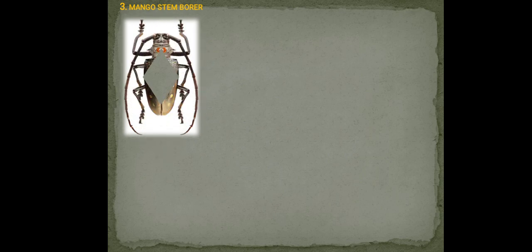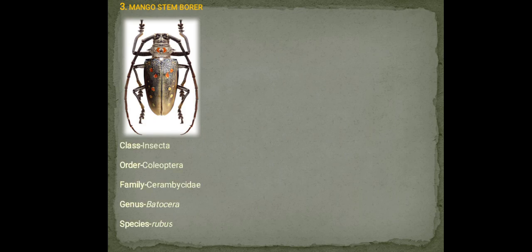Then the third major insect pest is the mango stem borer. The host plant of this mango stem borer is mango. First of all, we see the systematic position of this mango stem borer.